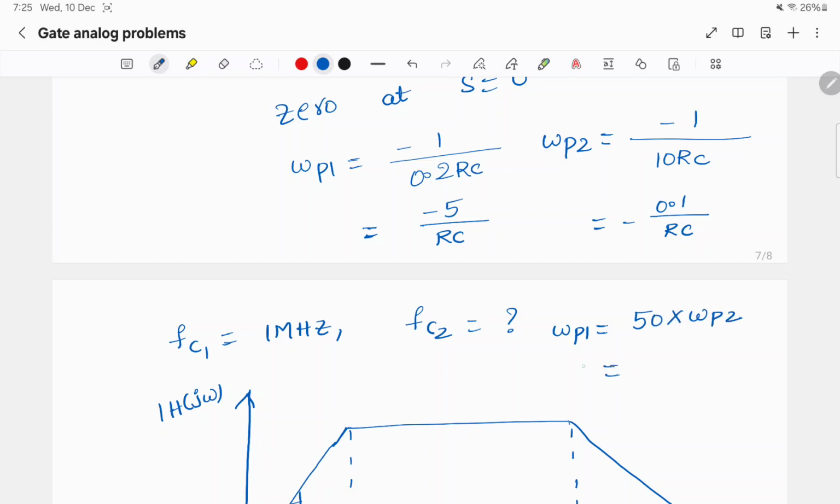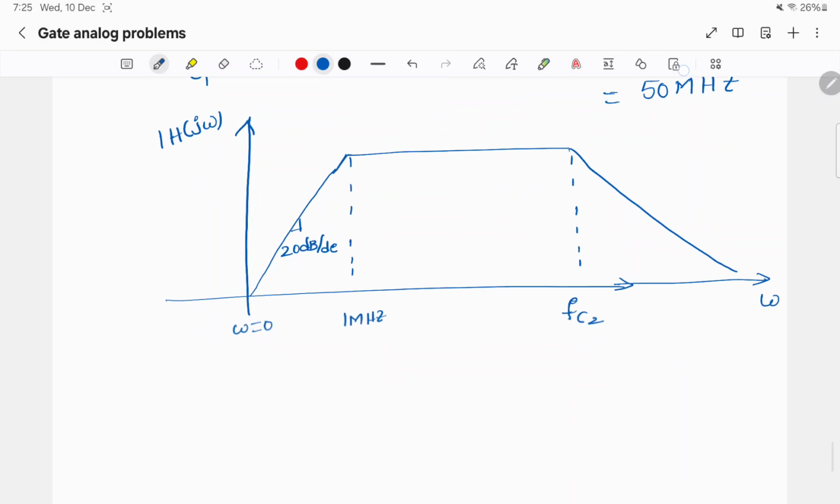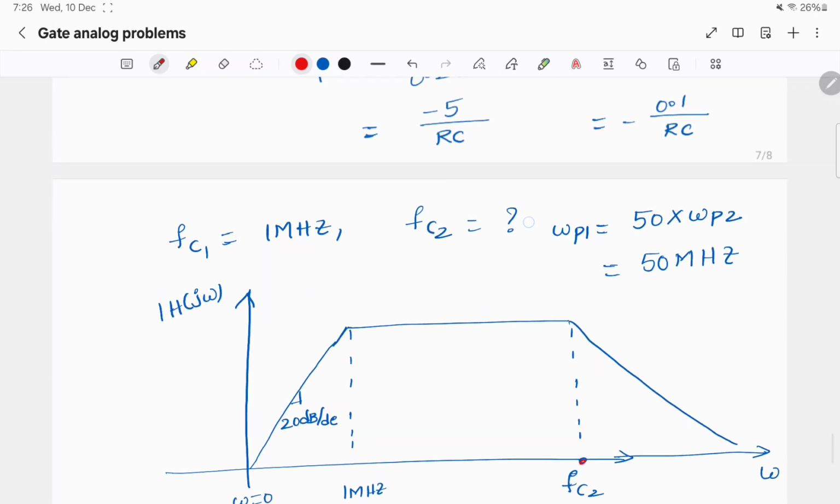It is given that omega P2 is 1 megahertz, so the other pole is at 50 megahertz. So this point will be 50 megahertz. This is a band pass filter response. From 1 megahertz to 50 megahertz it will allow, and other frequencies it will not allow.